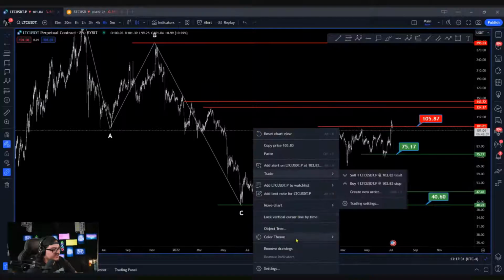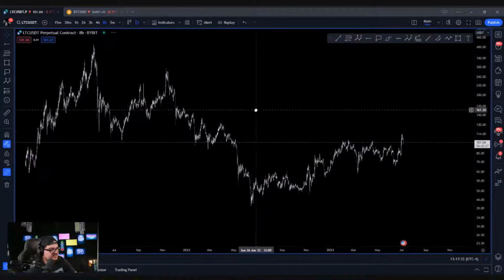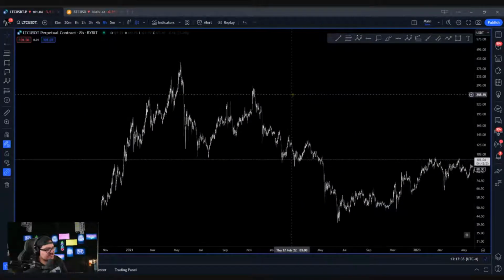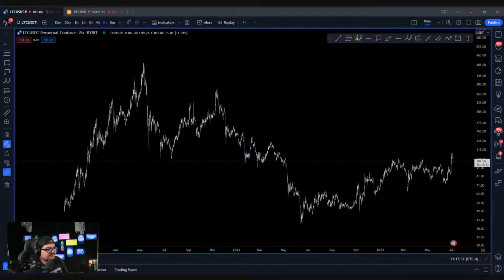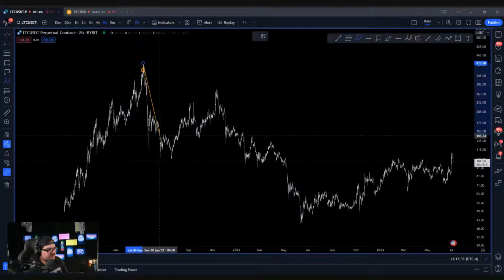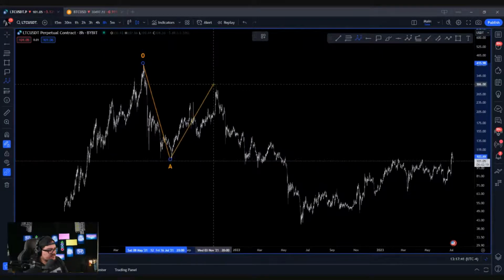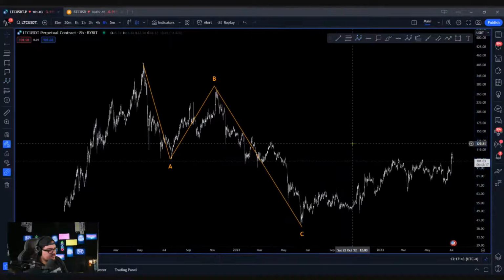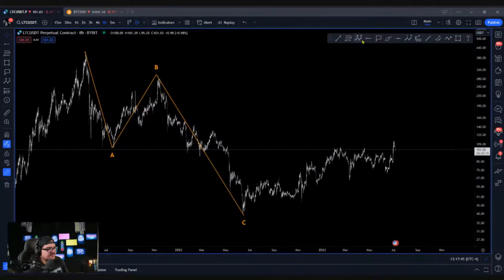So on a larger scale, same kind of scenario for LTC, ETH, and BTC. We have to look at the macro time frame and talk about what could be going on here: an A to a B to a C. From there, we have to identify whether this is the beginning or the end of something.